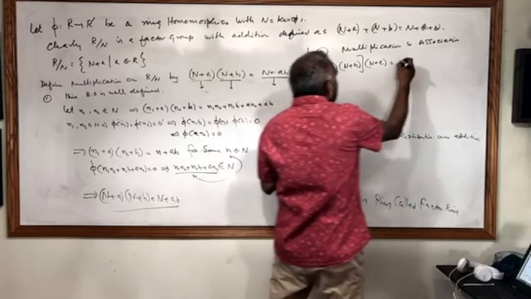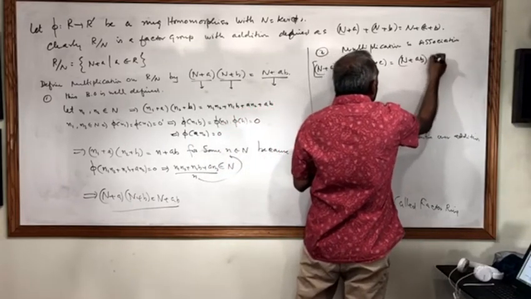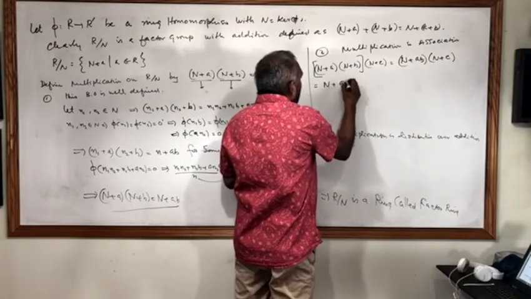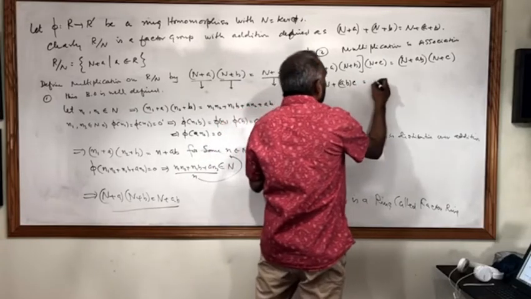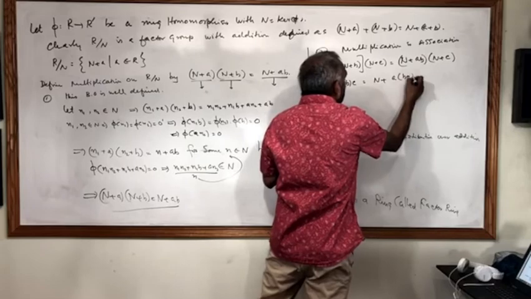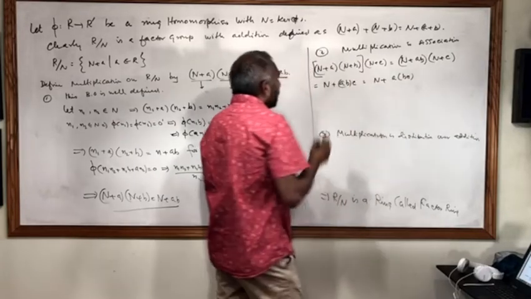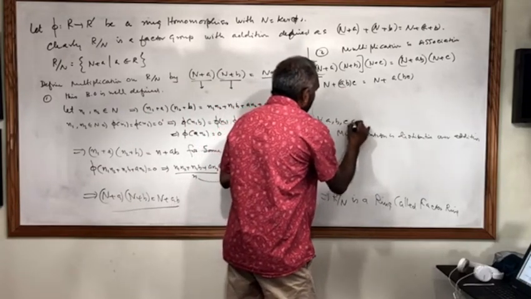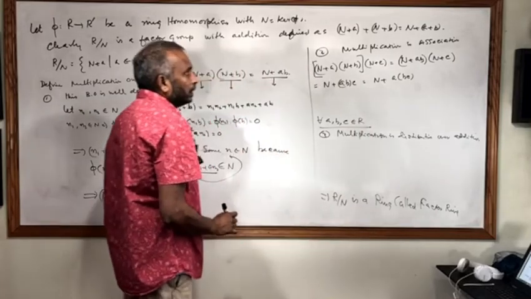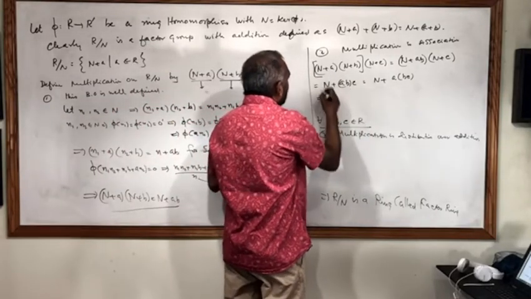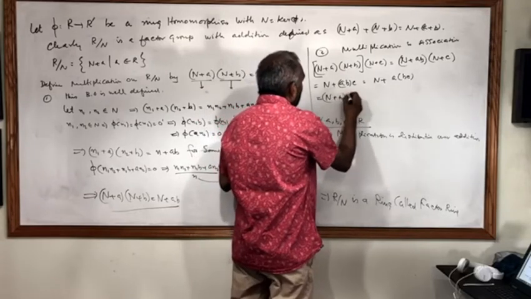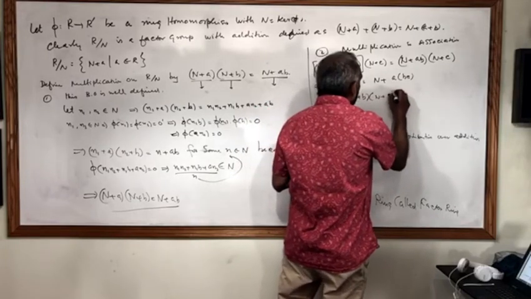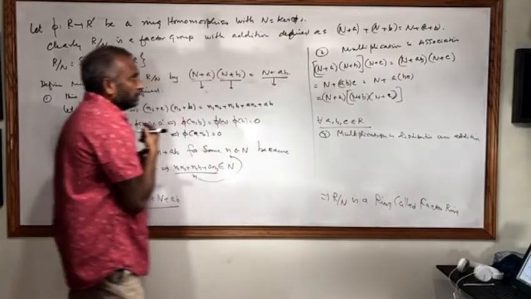If you multiply this, actually (n + ab)(n + c), and that is equal to n + abc, and that is equal to n + abc, because a, b and c are coming from R. So we are going to write for all a, b, c belongs to R. So this implies multiplication is associative.